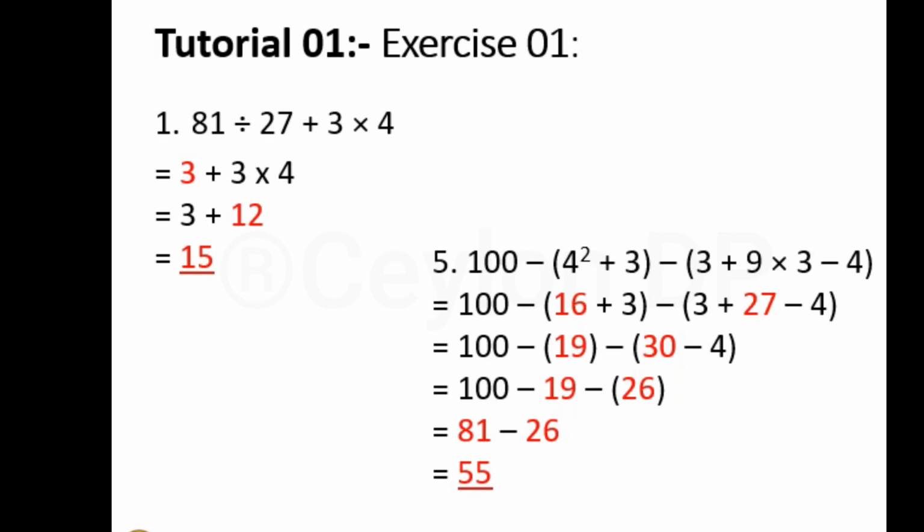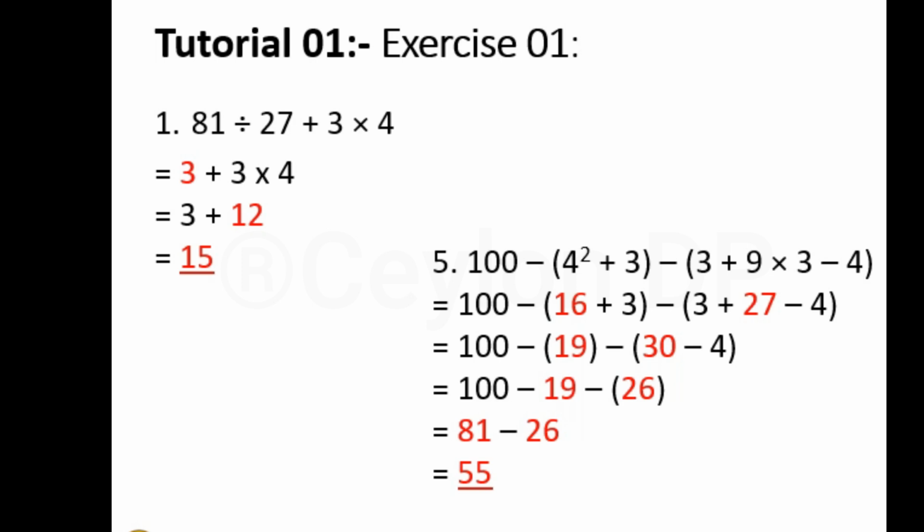In here, you have to solve within the bracket first, inside the bracket. In here, 4 power 2 is 16. At the same time, you can do the next bracket, the multiplication, because according to the BODMAS rule, the first thing is you have to solve this multiplication.